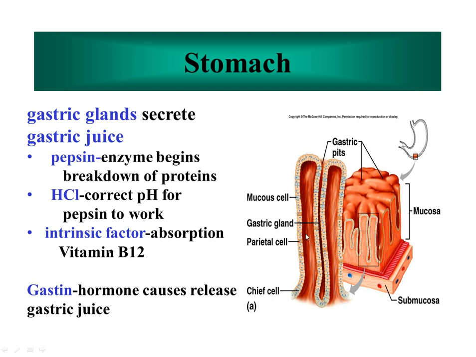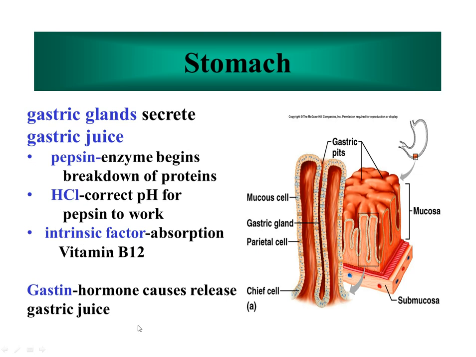So the gastric glands produce the gastric juices, and the chief cells in the gastric glands produce the pepsin, and the parietal cells produce the hydrochloric acid and the intrinsic factor.